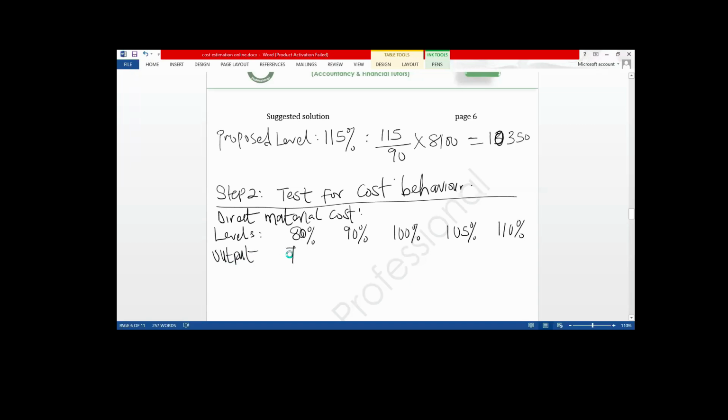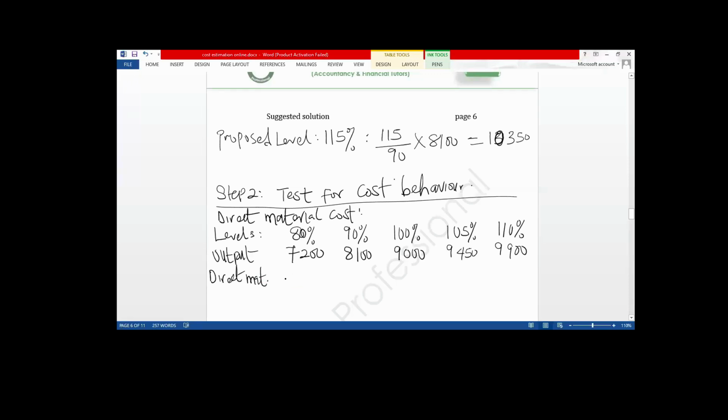This is 7,200 units, 8,100 units, 9,000 units, 9,450 units, 9,900 units. Now pick the total direct material cost. 79,200. That is for Ikeja.